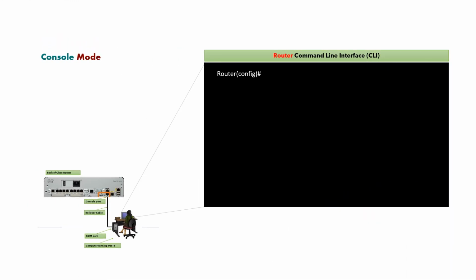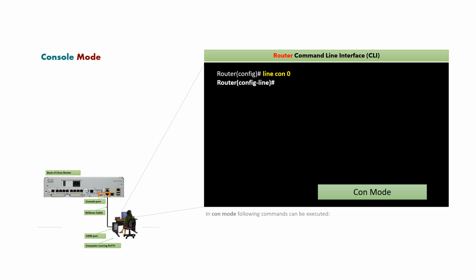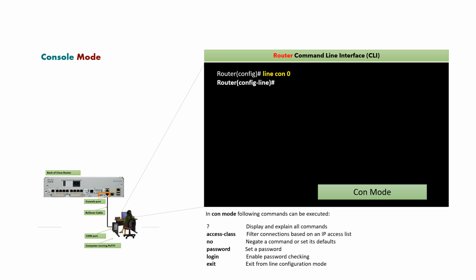In order to access the CON mode of a router from global configuration mode, type the following command: line space con space 0 and press enter. The prompt will change to router open parenthesis config-line close parenthesis #. If you type question mark and press enter, all the commands at this mode are going to be displayed and explained.